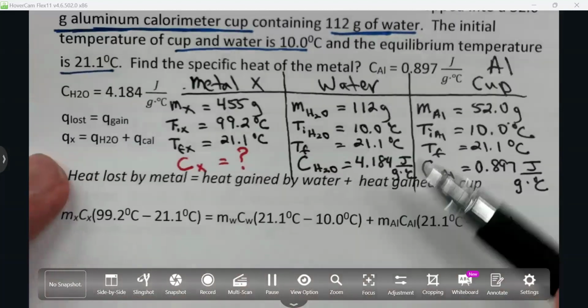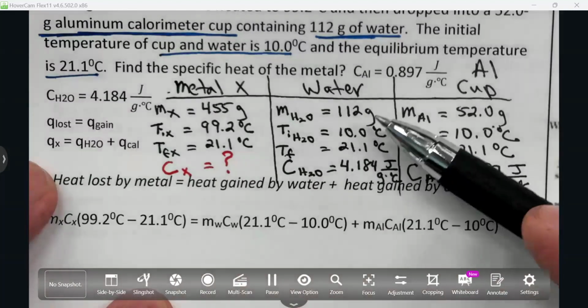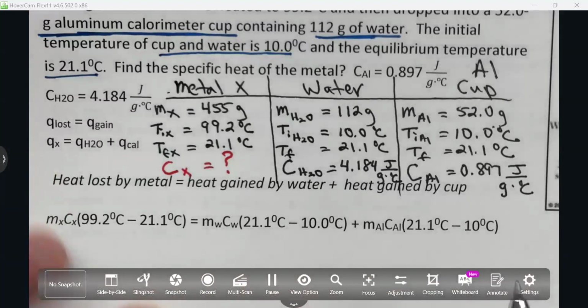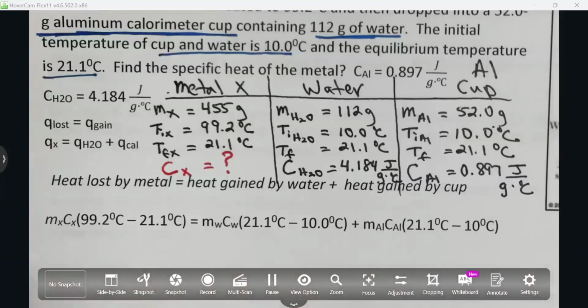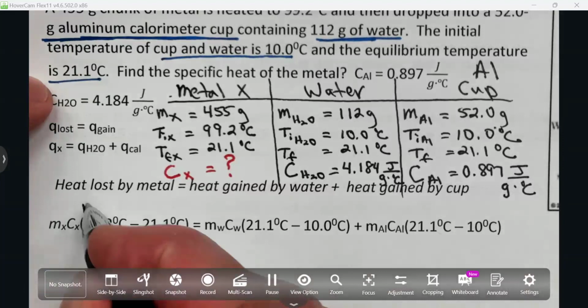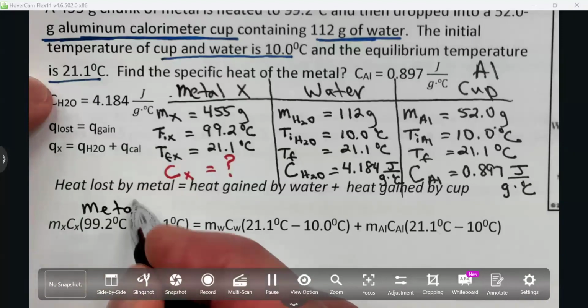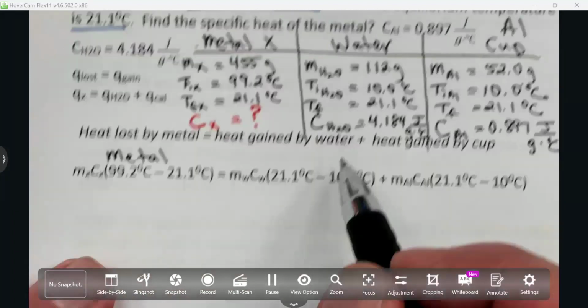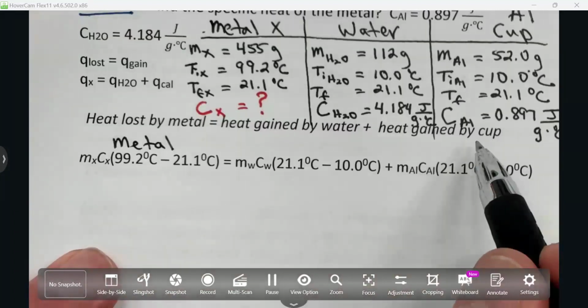What's going to gain heat is the water and my cup both, right? They're together. They're going to gain heat together. So the heat lost by the metal has got to equal the heat gained by the water plus the cup.